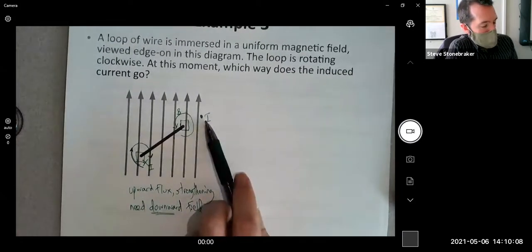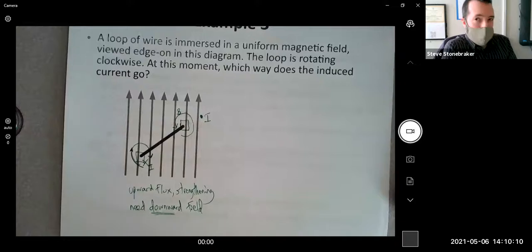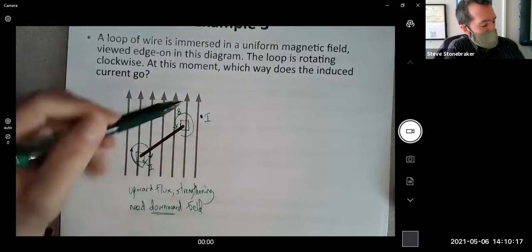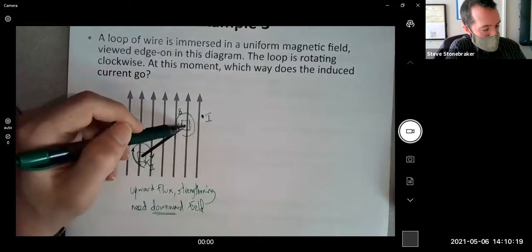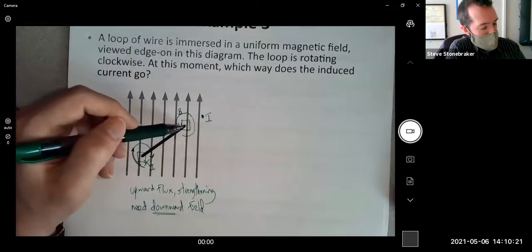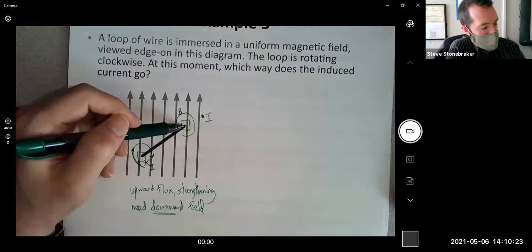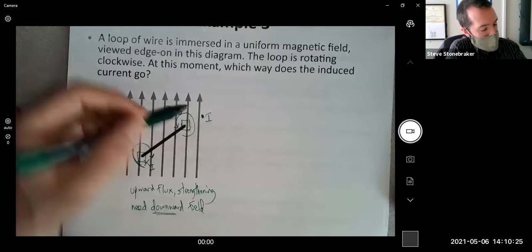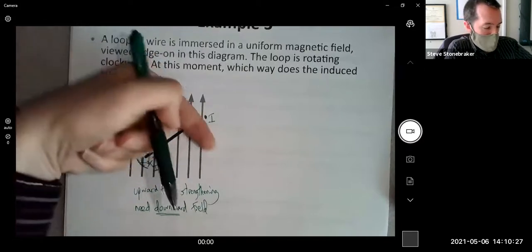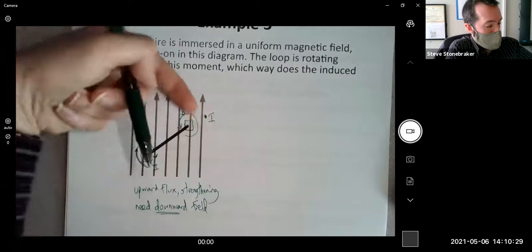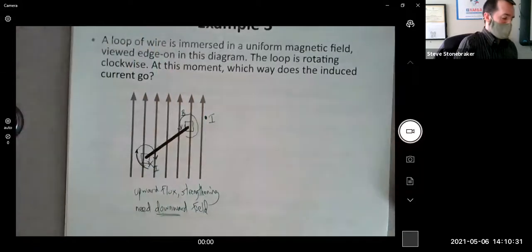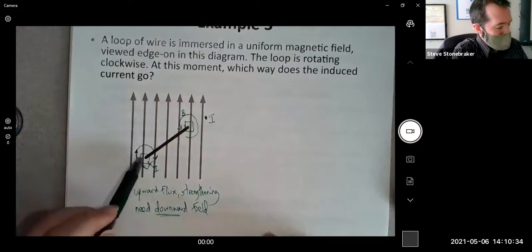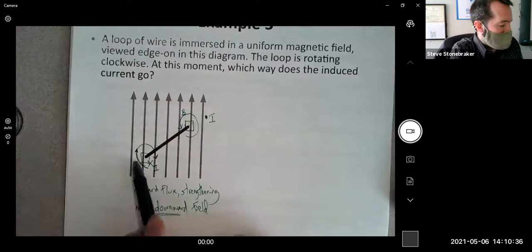And as I said before, you can also make these same conclusions by thinking about the magnetic forces. So if you imagine a positively charged particle here on this end of the loop, its velocity right now is that way, based on the way the loop is spinning. I'm going to do this end so I don't have to break my arm.